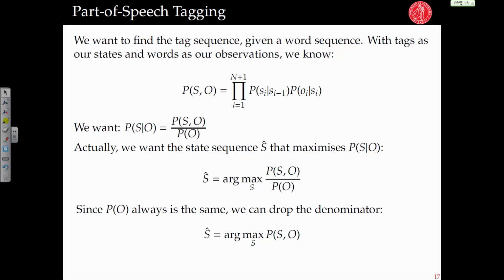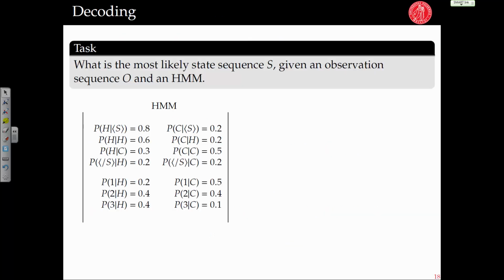So this is then our way of going from conditional probability to joint probability. So the task is we want to find the most likely state sequence S, given an observation sequence O and an HMM.